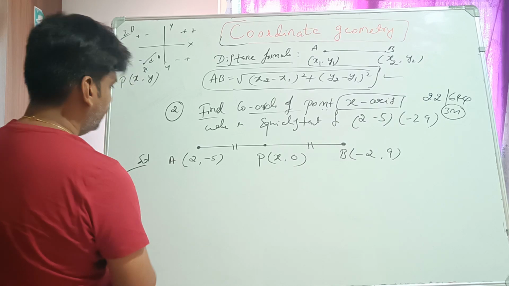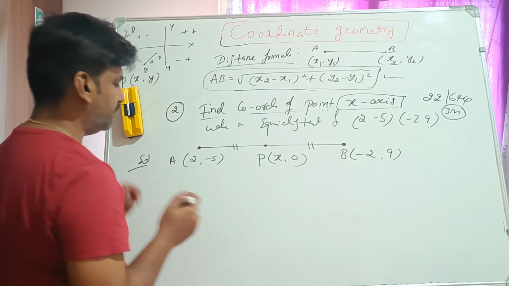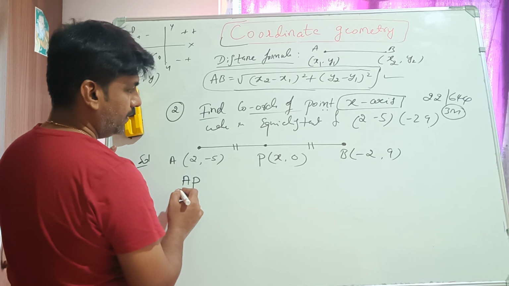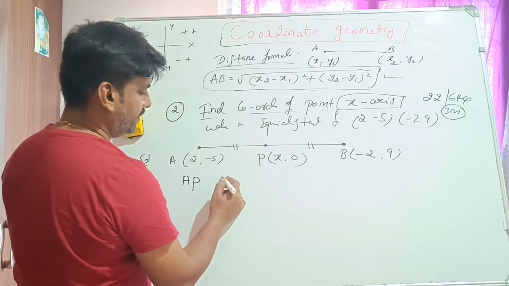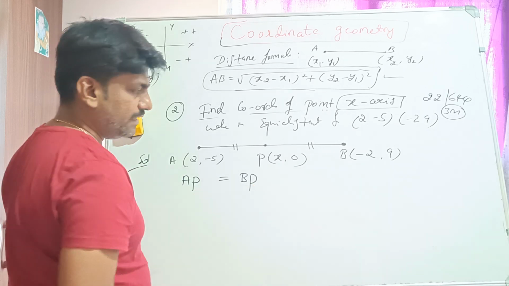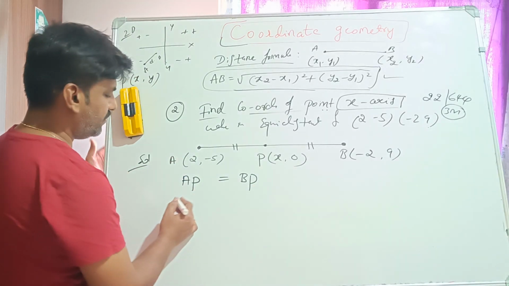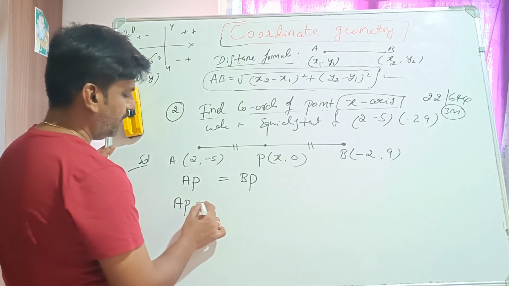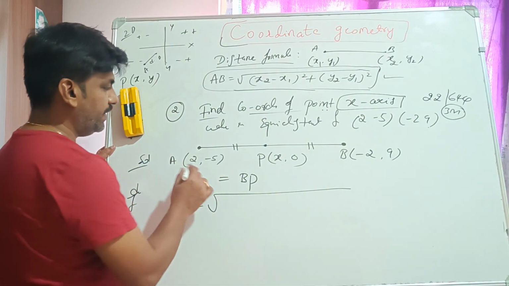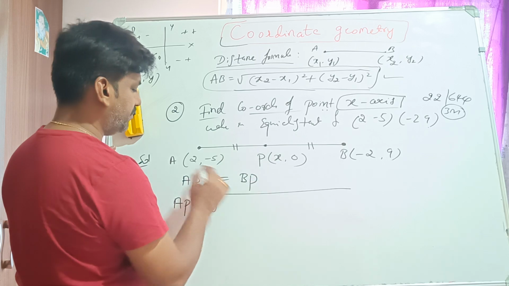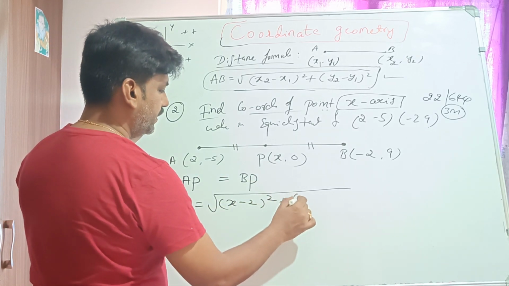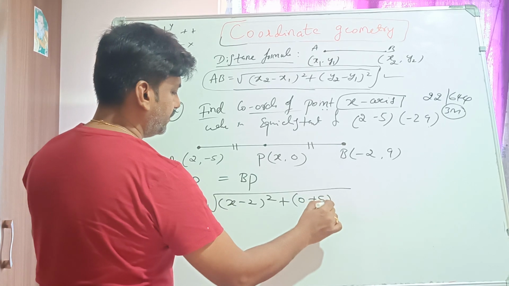To solve this, first we should find AP. Then since it is equidistant, we can write BP. If we do it like this, we'll solve this problem very easily. First we'll find AP. AP is nothing but the distance formula between A and P. So it is (x minus 2) square, then 0 minus minus 5, which is plus 5, square.